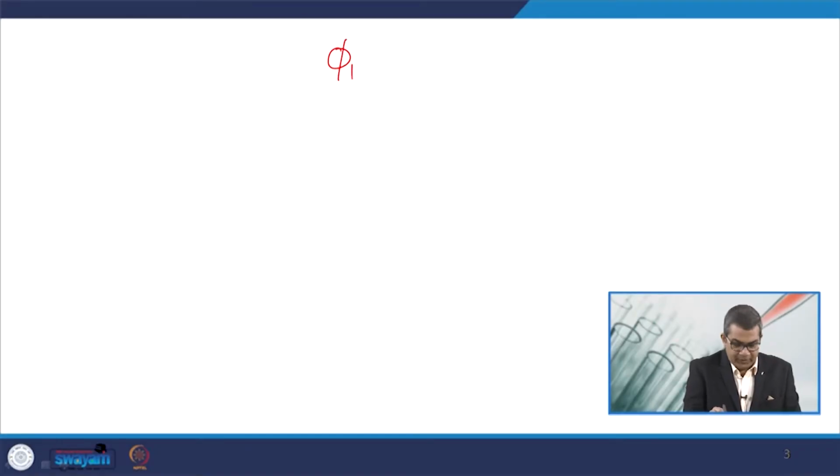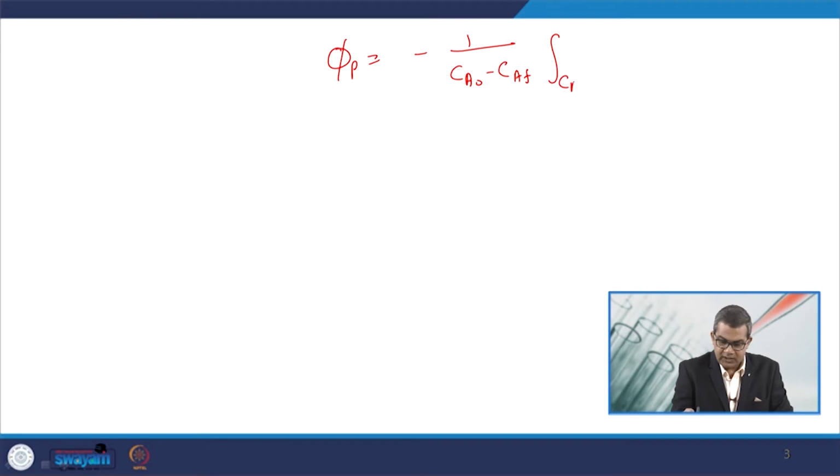For plug flow reactor, the concentration of reactant A changes progressively as it passes through the reactor length, which we have already discussed. The quantitative relationship of PFR you can write like this: phi p is equal to minus 1 upon Ca naught minus Caf, integration from Ca naught to Caf of psi dCA.